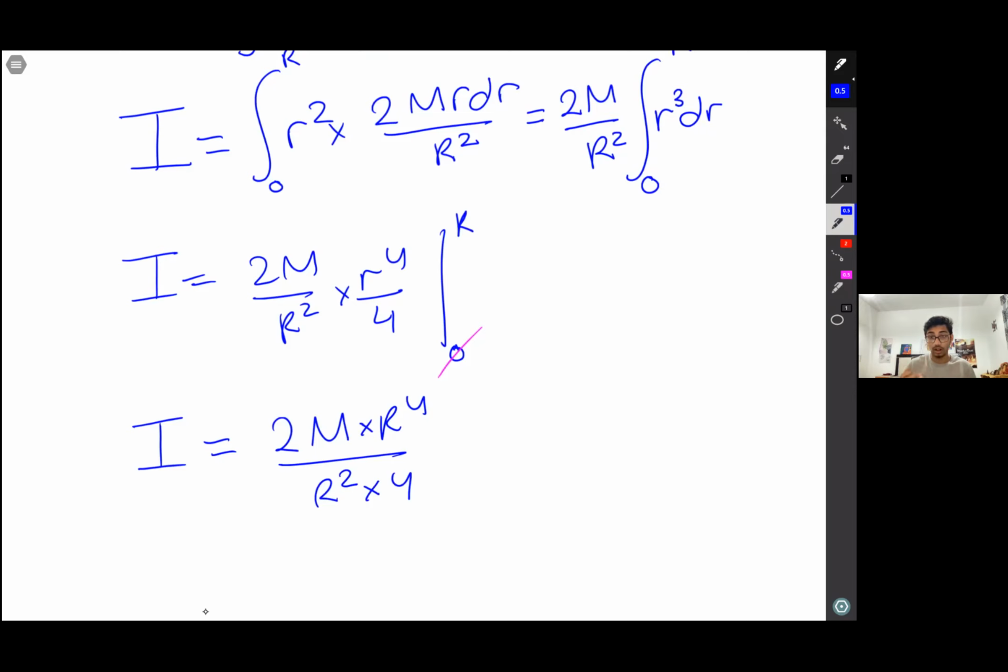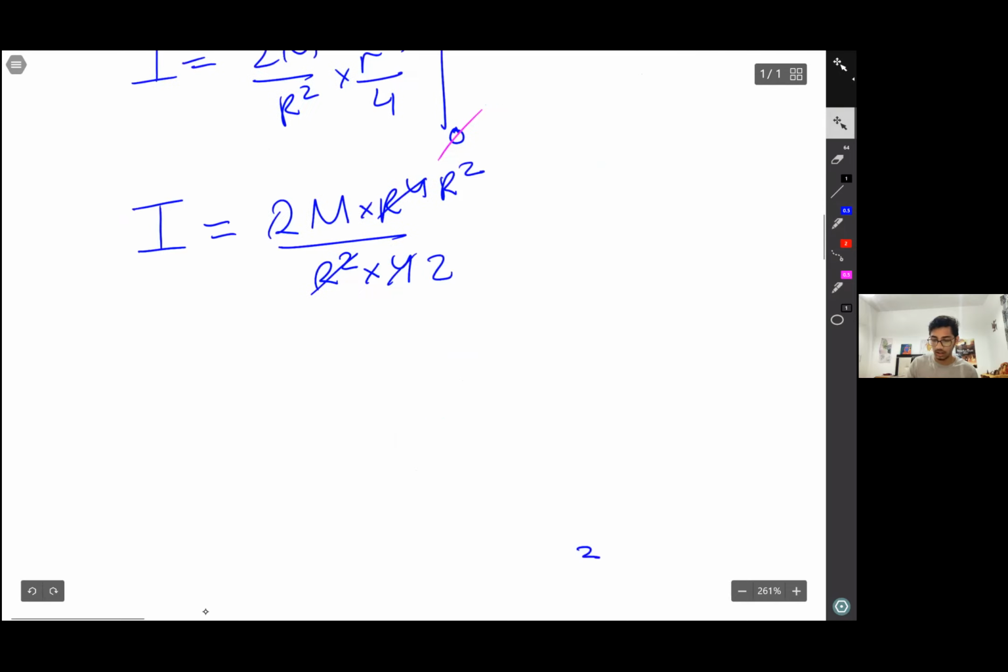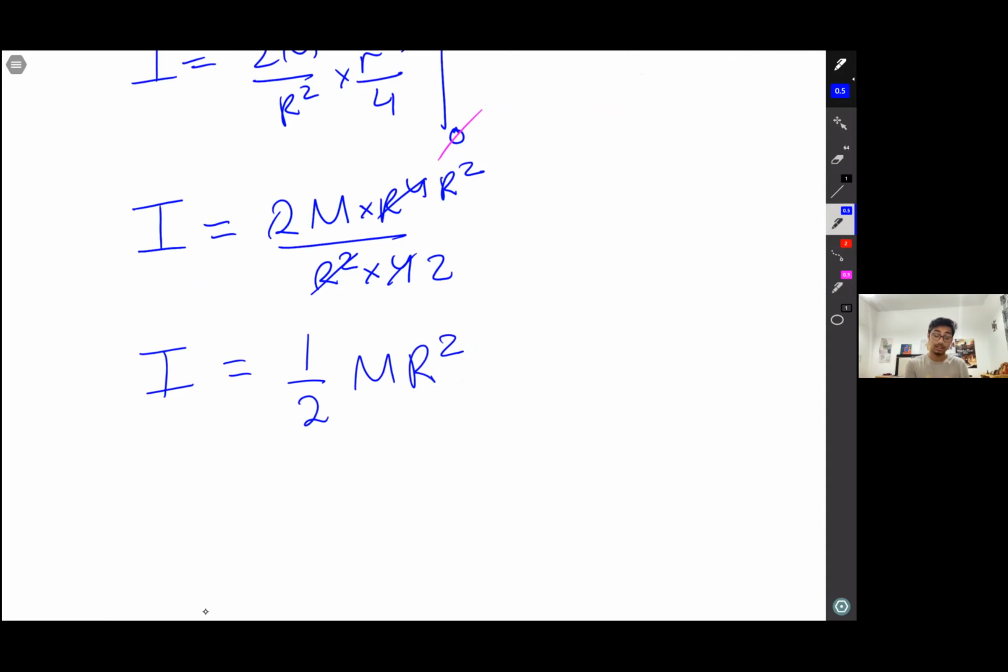R to the 4 over R squared is just R squared. And 2 over 4 is just half. So finally, I'll write this on a different line. My moment of inertia is equal to half m R squared.